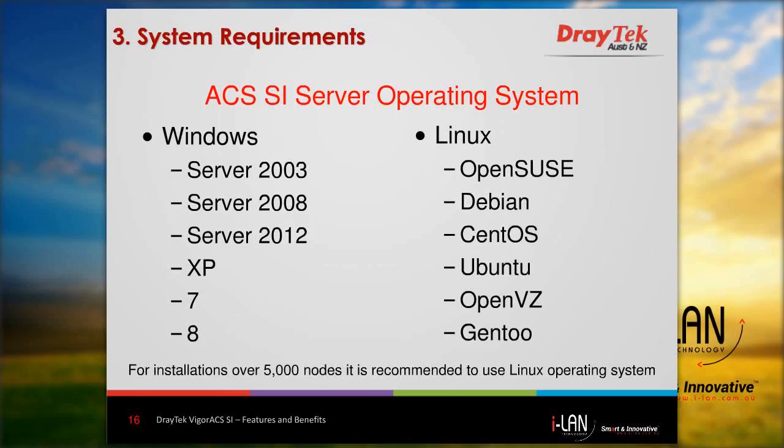ACS SI can be installed on the operating systems shown here, from Windows 2003 up to Windows 8, and there are also a number of Linux operating systems that are supported, listed here. If the number of nodes to be managed exceeds 5,000, as mentioned earlier, it's recommended to install ACS SI on a Linux server.